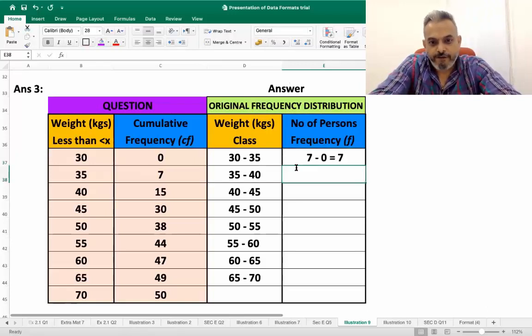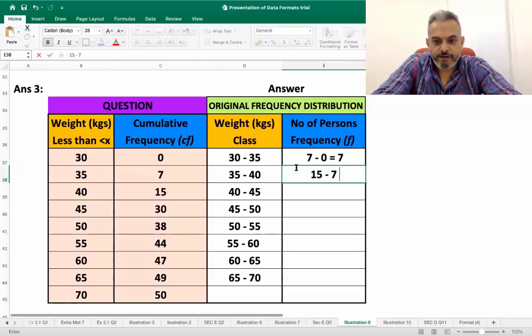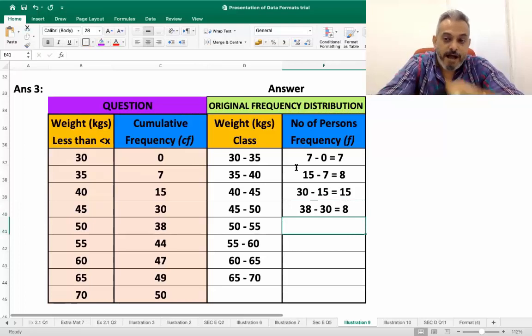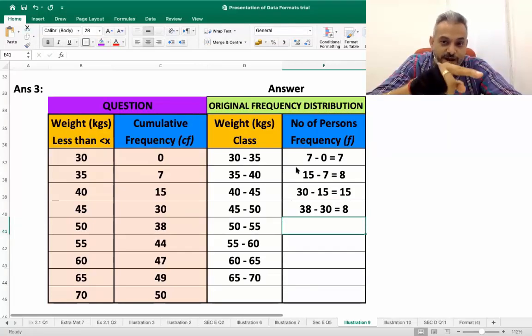Then 15 minus 7 is equal to 8. Then 30 minus 15 is equal to 15. Then 38 minus 30, which is equal to 8. You can see that from the highest value we subtract the immediate lowest value.